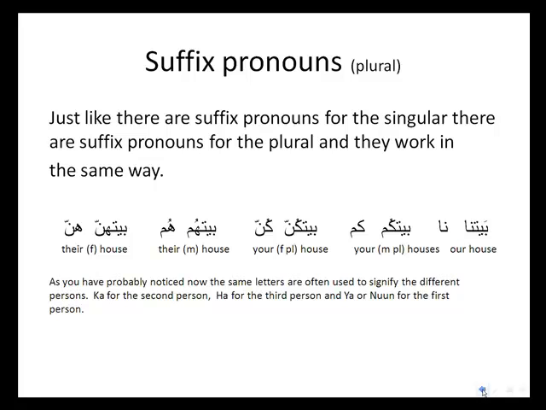And we cannot define a word twice, right? We don't say the my house in English or the your book. We say your book and your house. Same thing in Arabic. We cannot add al when we have a suffix pronoun. We cannot say al baytuna, doesn't work. No al, never al with a suffix pronoun.